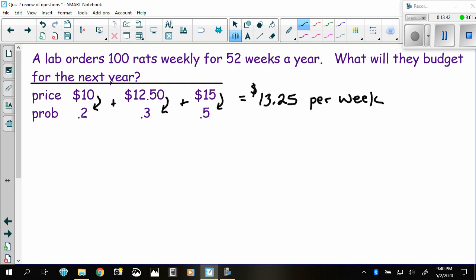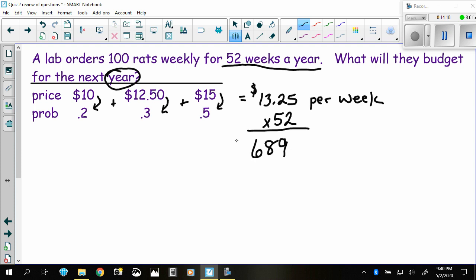Now, budget is asking you for the year. This is why it tells you that there are 52 weeks in a year, because we have to approximate $13.25 each week for 52 weeks. So we need to multiply the $13.25 by 52 weeks a year, so that gives us $689 for the entire year.